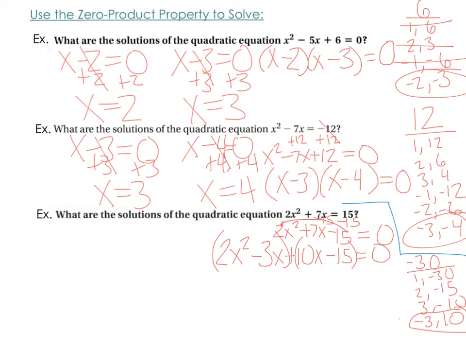So the GCF for the first one, it looks like it's just x. And then I write whatever's left over in the parentheses. And then for the second one, the GCF is 5. So I have a 2x minus 3 left over.